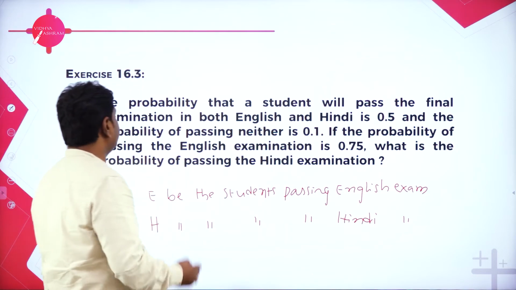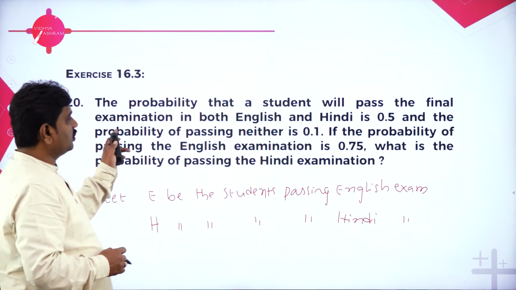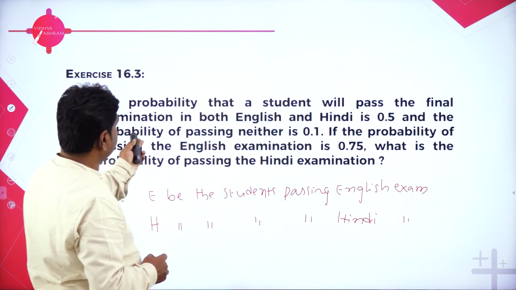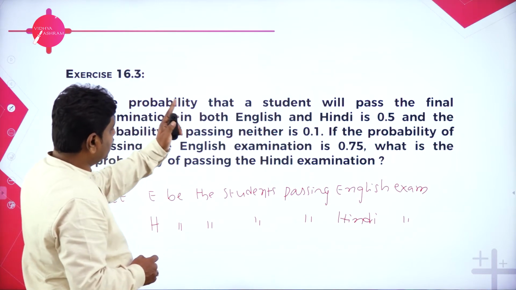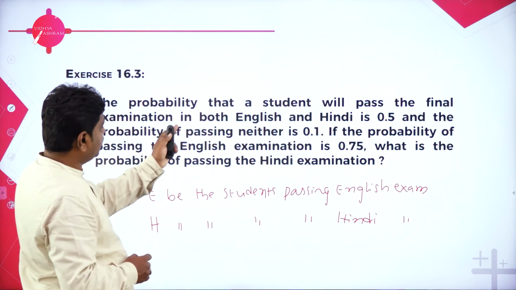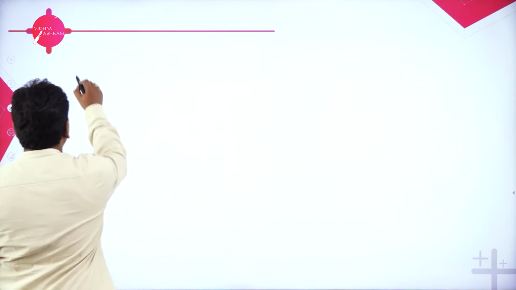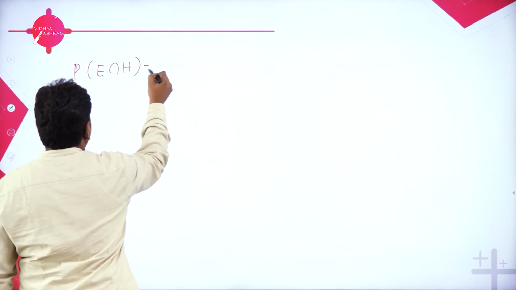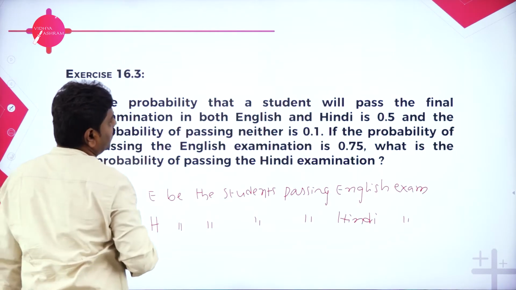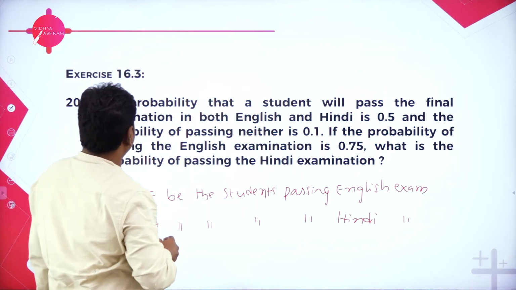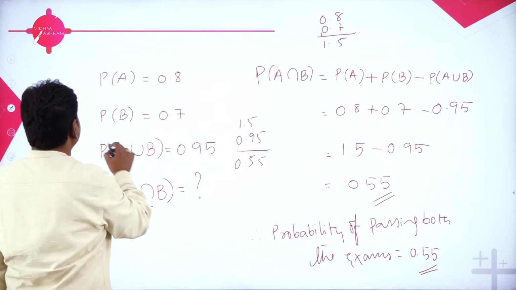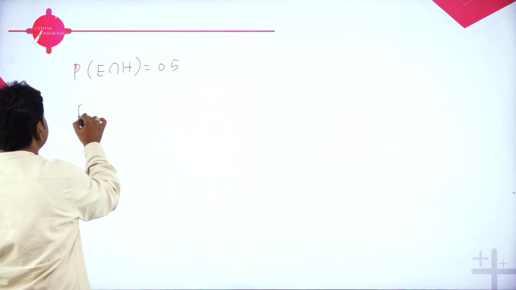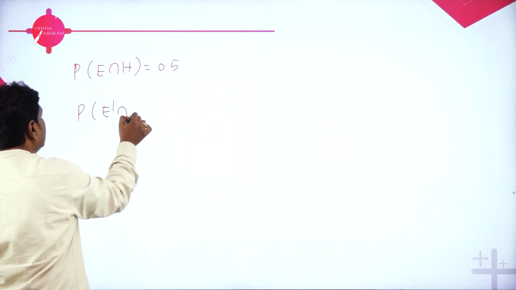Now further, what is given? They told that the probability that a student will pass the final exam in both English and Hindi is 0.5. So both means what? Intersection. So they gave E intersection H. How much they gave? 0.5. And further they told, the probability of passing neither means what? Neither means not English and not Hindi.